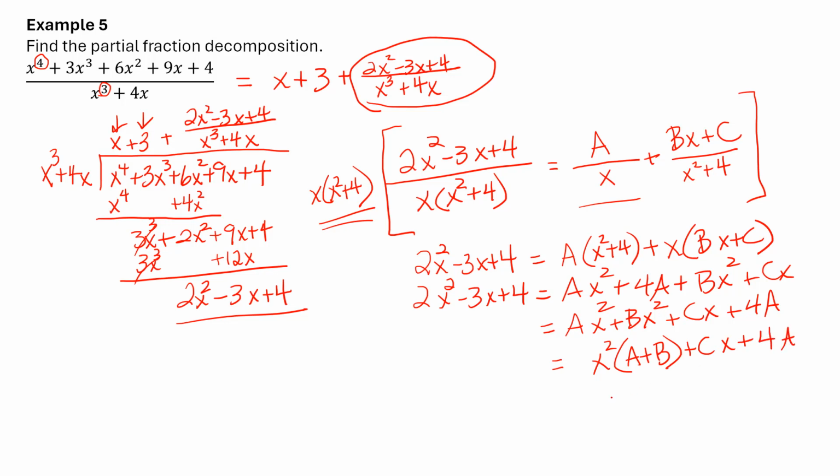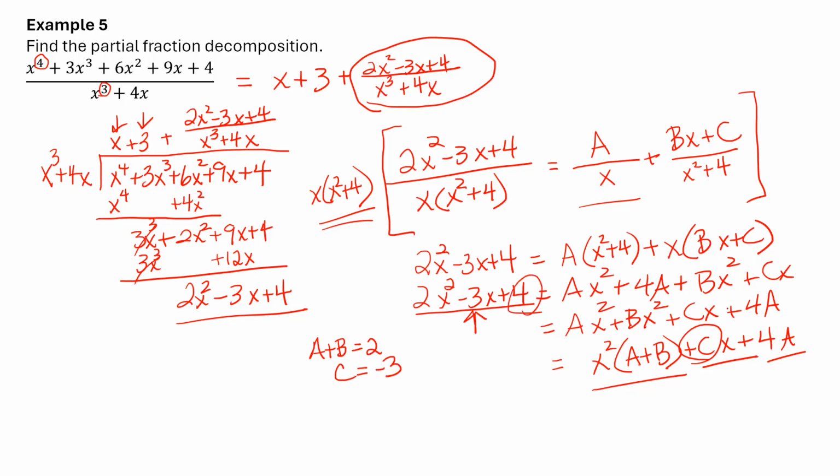So again, I have an x squared term, an x term, and a constant, and that's what I have right here. So the coefficient on x squared is 2, so a plus b must be 2. The coefficient on x is -3, so c must be -3.